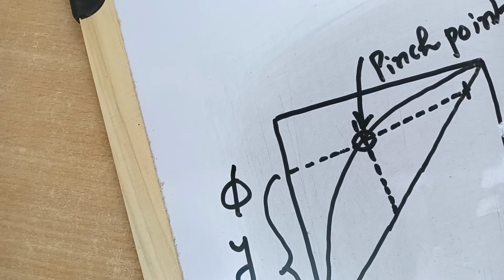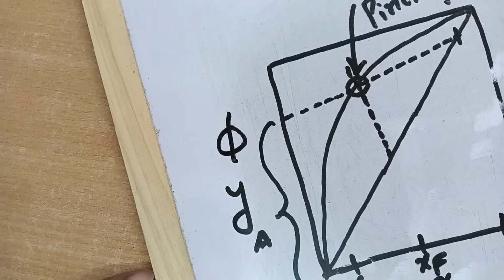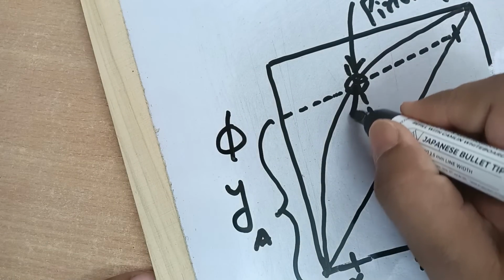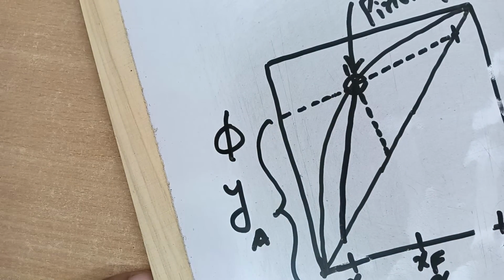So first you find the pinch point, and since the stripping section operating line has to pass through the point of intersection between the feed line and enriching section operating line, you just join these two points and get the stripping section operating line.